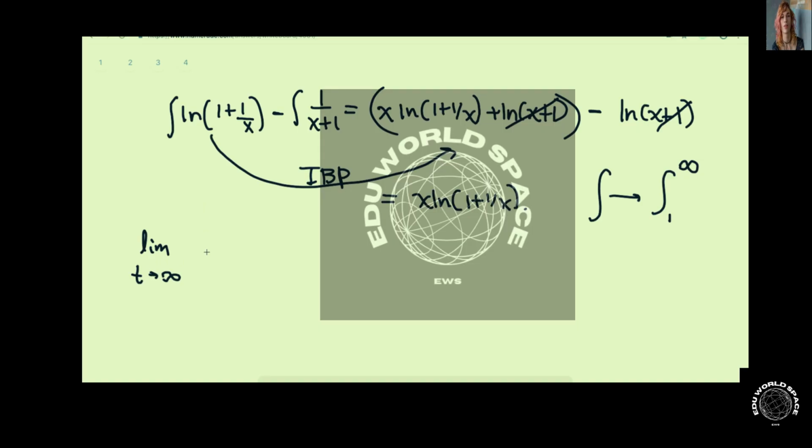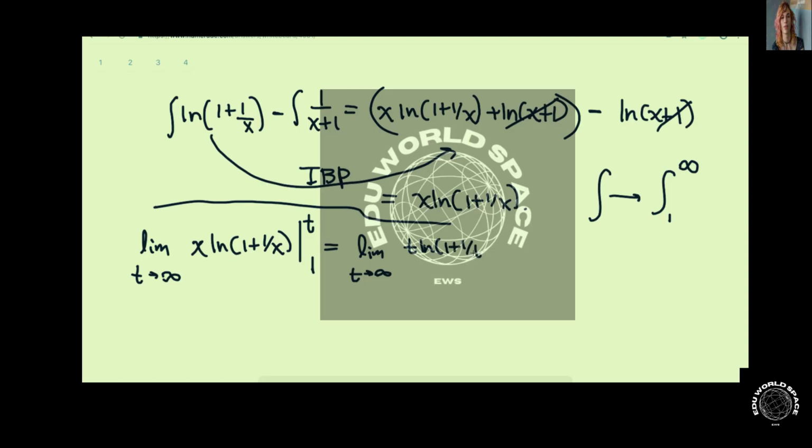Since we've already integrated, now we just use the answer here, and then x is going from 1 to t. So plug in the t. And then if x is 1, you just get ln 2 there. And then this is in the limit.